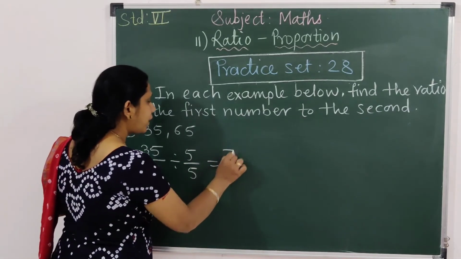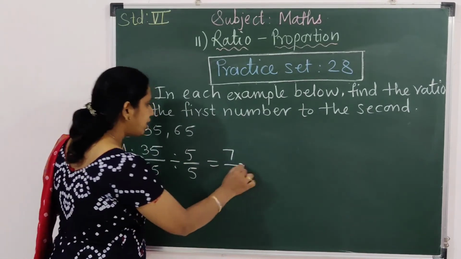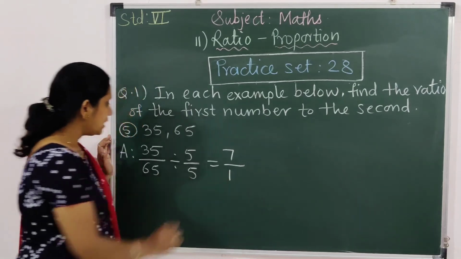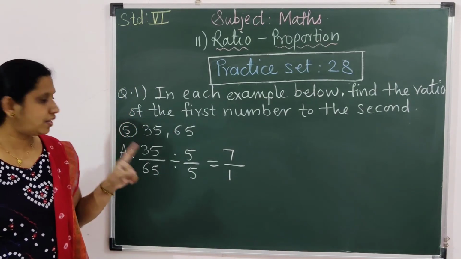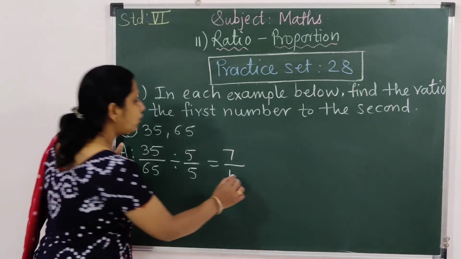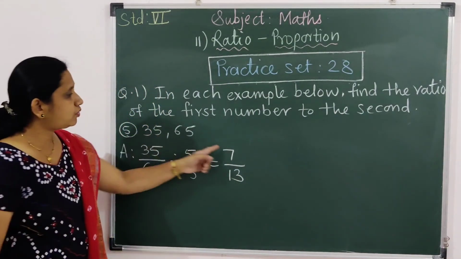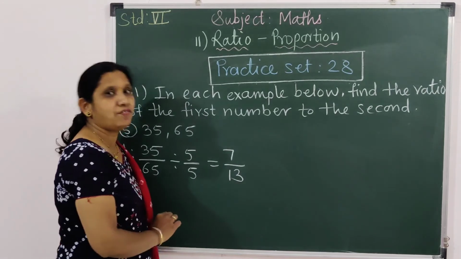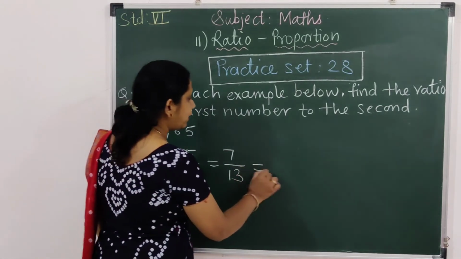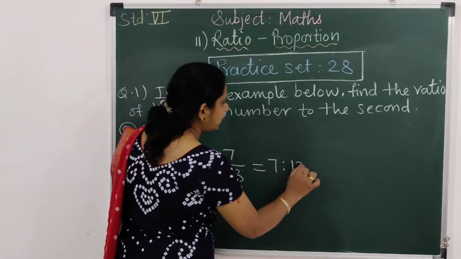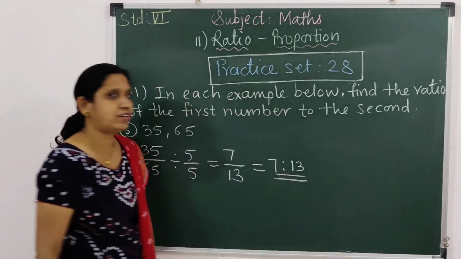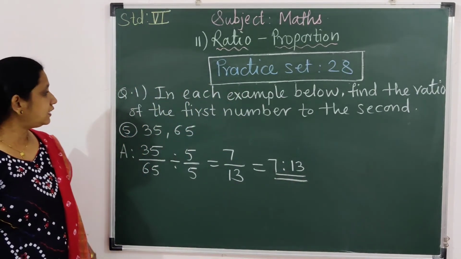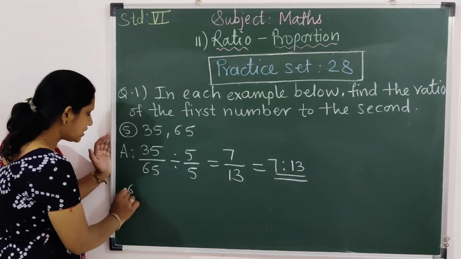So here 5 7s are 35. 5 1s are 5. 6 minus 5, 1 remains, number becomes 15. 5 3s are 15. Now 7 and 13 both are prime numbers, so cannot be divisible further. So it comes in the proportion 7:13.